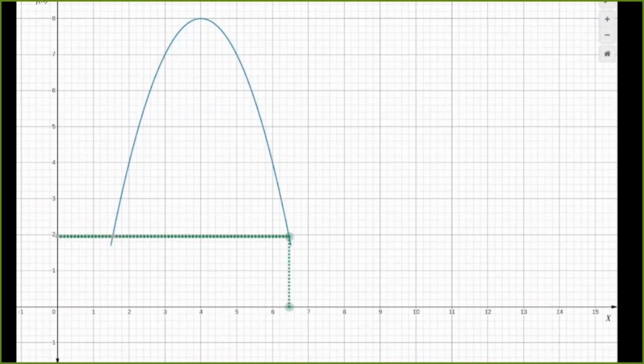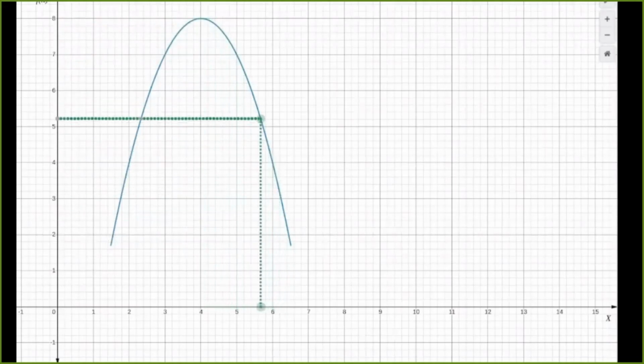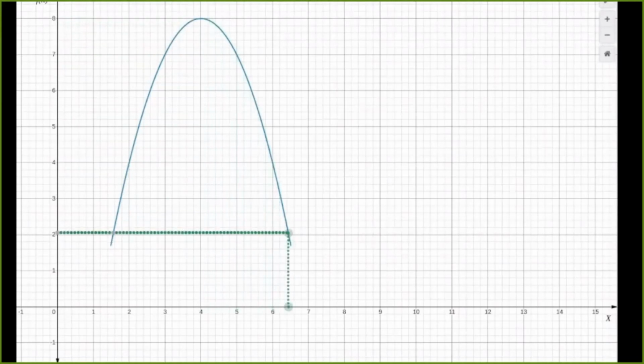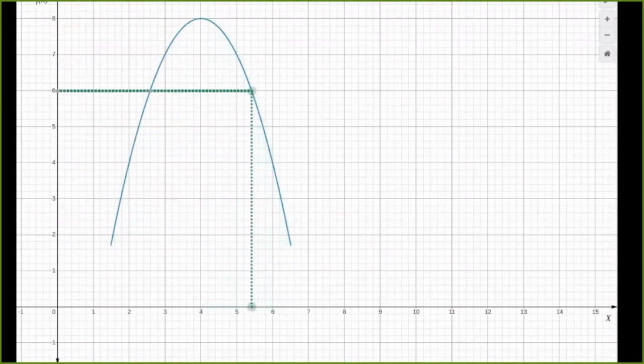The y coordinate is given by this point. Now as x moves towards 4, we have to check the motion of the y coordinate. We can see that as x moves towards 4, y is moving towards 8.